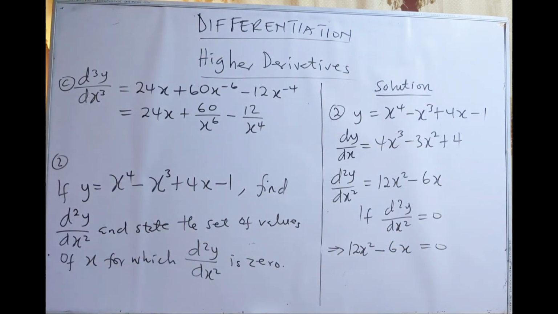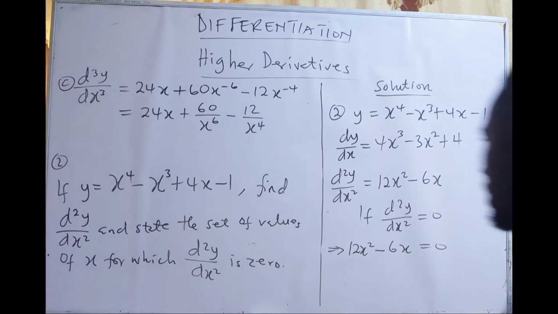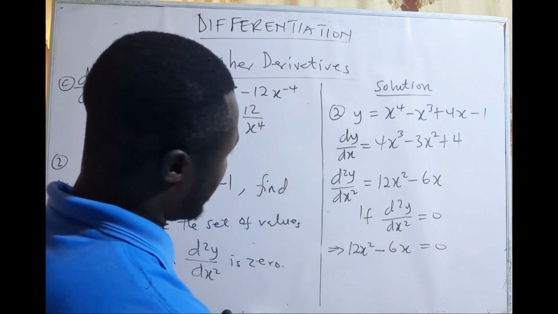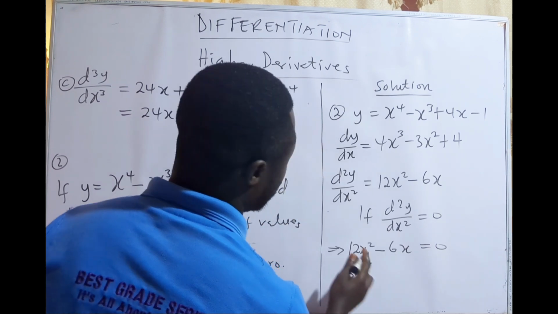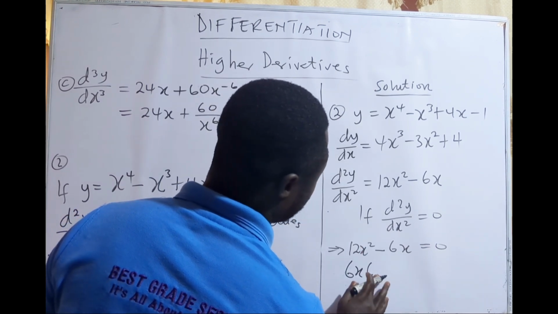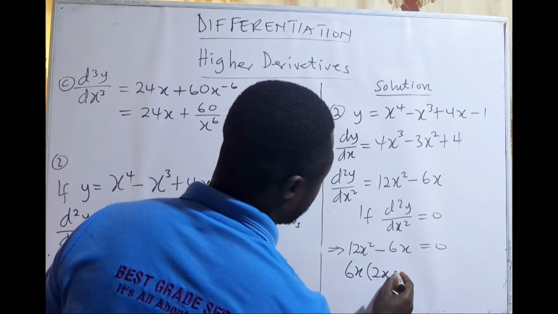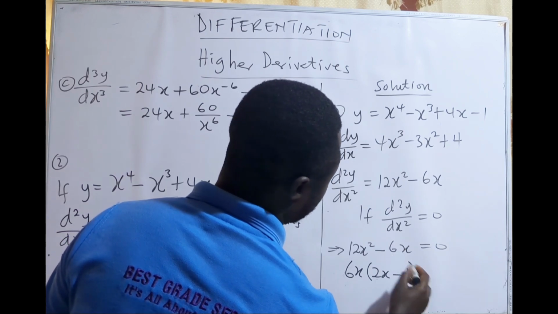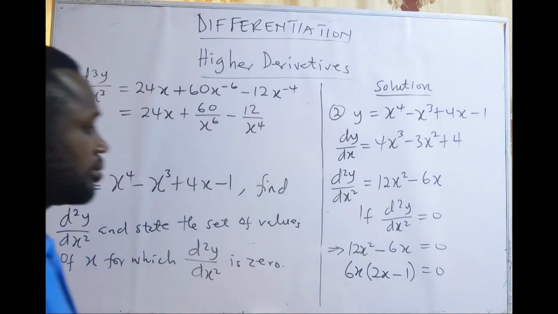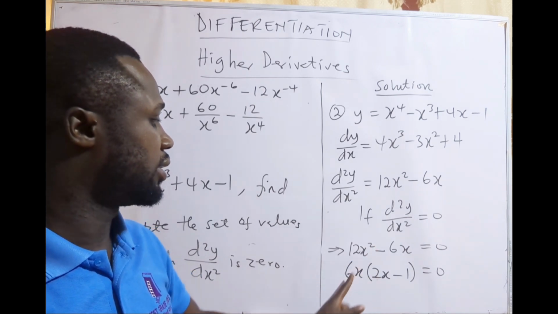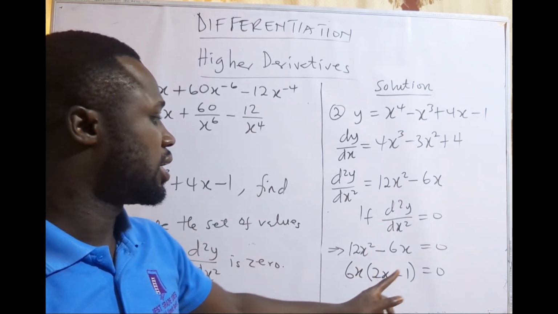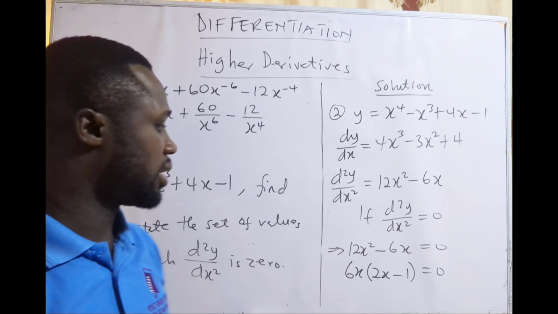Then what can we do here? We can factorize. 6x will come out, so here will be 2x minus 1 equal to 0. So 6x times 2x will give us 12x squared, and 6x times minus 1 gives us minus 6x.